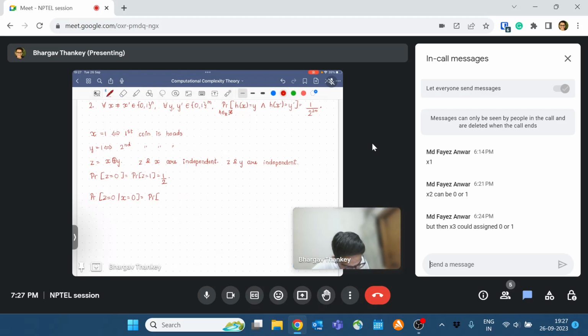This is the same as the probability Y equals zero. You are given that X is zero, and when can Z be zero? Y is also zero, right? So what's the truth table of XOR?